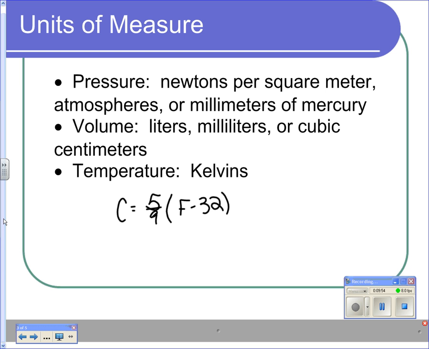Anyway, that tells you how Celsius and Fahrenheit are related, if that's the right formula. And then Kelvins and Celsius. To get from Celsius to Kelvin, I think you add 272 or 273. Zero Kelvin is supposed to be absolute zero, like you can't go any lower. But now they've proven that you can go lower. So I don't know.